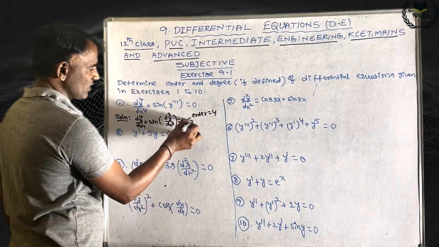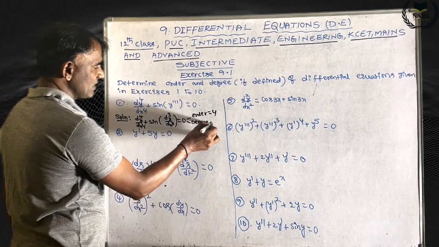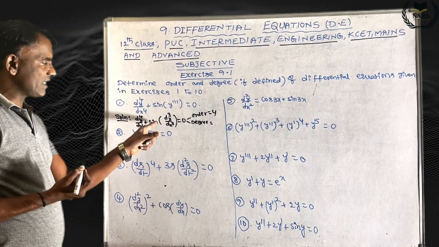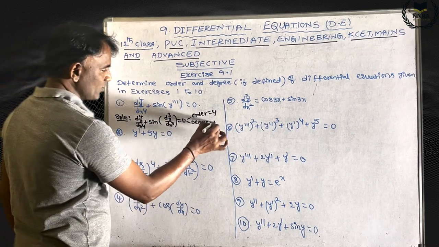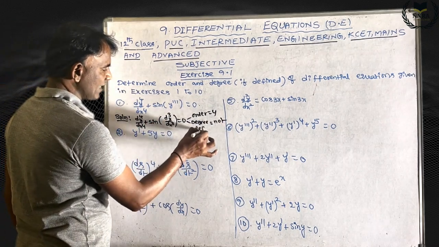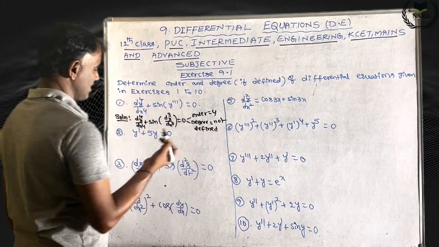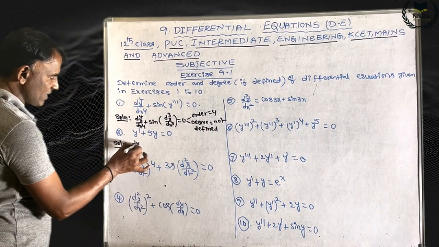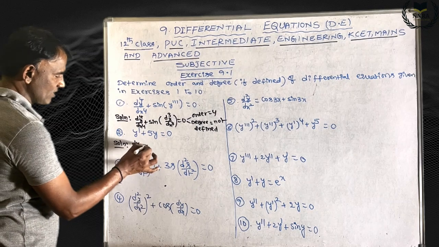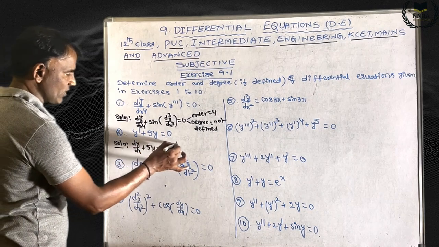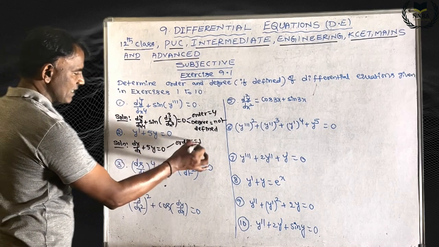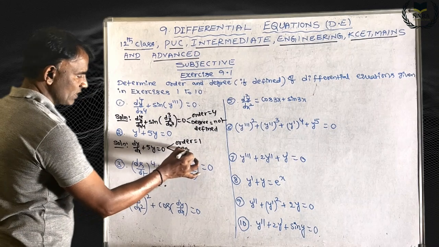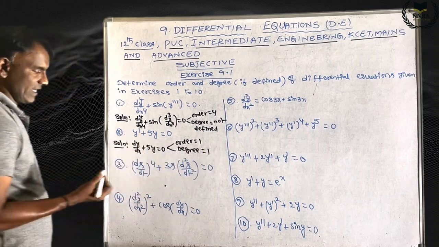Coming to degree, the derivative is inside of this trigonometric function, so it is not defined. So this is the answer. And coming to the second question, y dash means dy by dx plus 5y equal to 0. Now order equal to 1. Degree is also equal to 1 only.